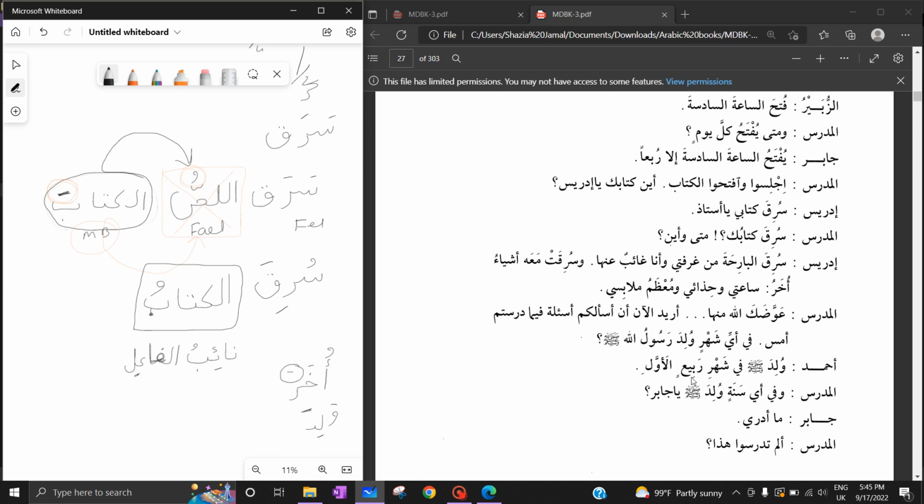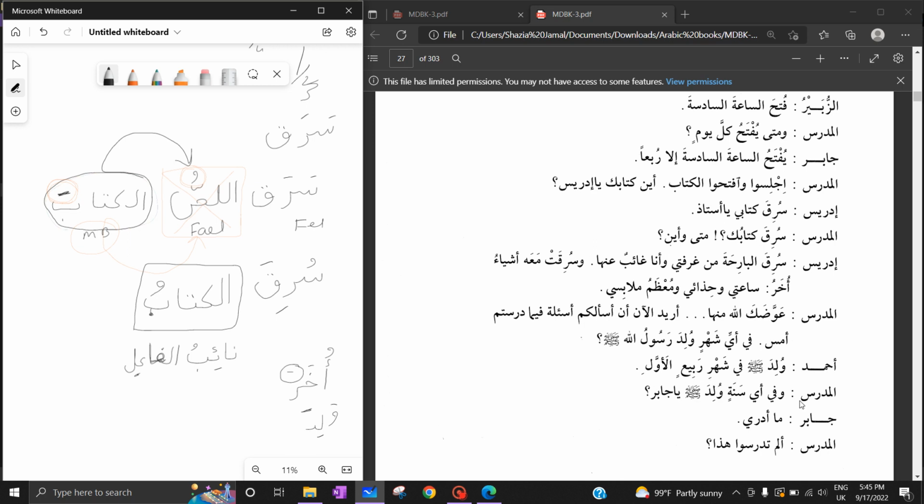Shahri rabi'in is in idafa construction. Shahri is mudaf and rabi is mudaf ilayhi. And awwal is a sifa for rabi. Rabi al awwal is the name of the month.